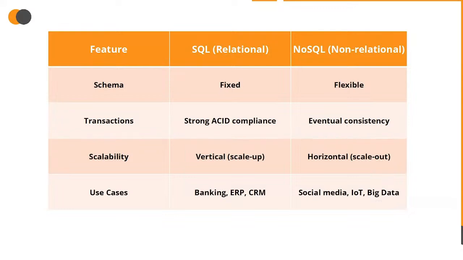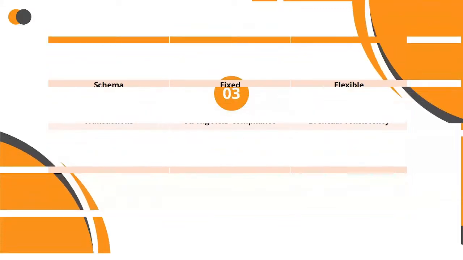When we talk about use cases, for SQL: banking, ERP, CRM, that is customer relationship management. And for NoSQL: social media, IoT, big data, where MongoDB and all is used.